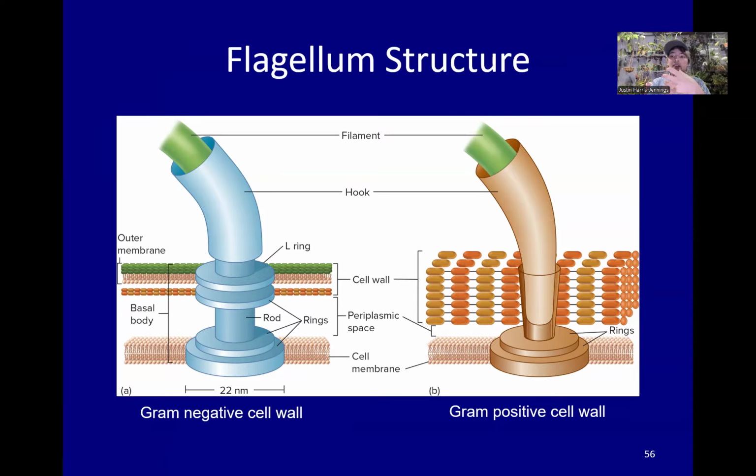This basal body is what anchors it into the bacteria's membrane. The basal body is where the actual motor and turning mechanism is occurring, and this turns the filament and causes this whip-like motion.